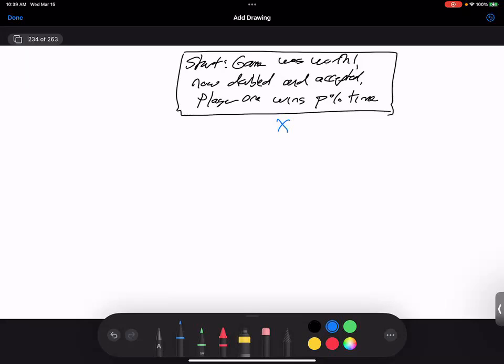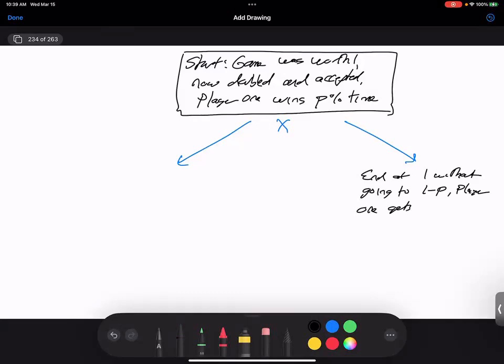Right? So here we end, well, I guess we should have 1 going on the right. I think that makes more sense. So end at 1 without going to 1 minus P. Player 1 gets 2 points.